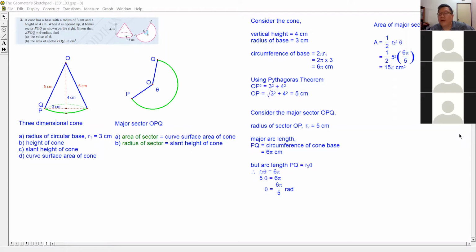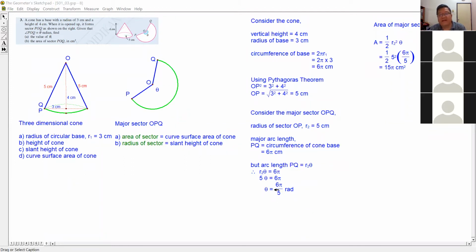So now I continue to find the area of the major sector. That means this part. I want to find the area of this part, so I use the formula half r squared theta. The r comes from the big circle, this sector, so I use 5.